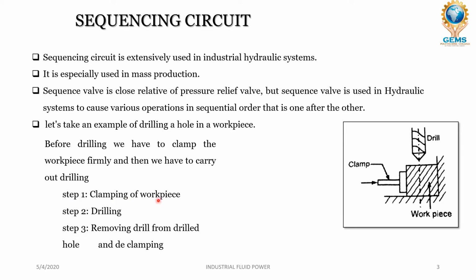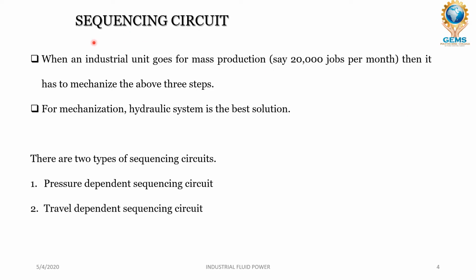Step 1, clamping of workpiece. Step 2, drilling. Step 3, removing drill from drilled hole and declamping. When an industrial unit goes for mass production, say 20,000 jobs per month, then it has to mechanize the above 3 steps. For mechanization, hydraulic system is the best solution.